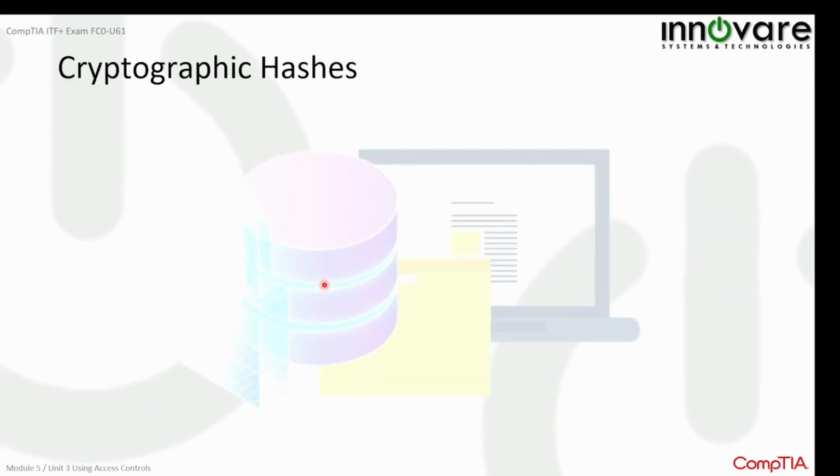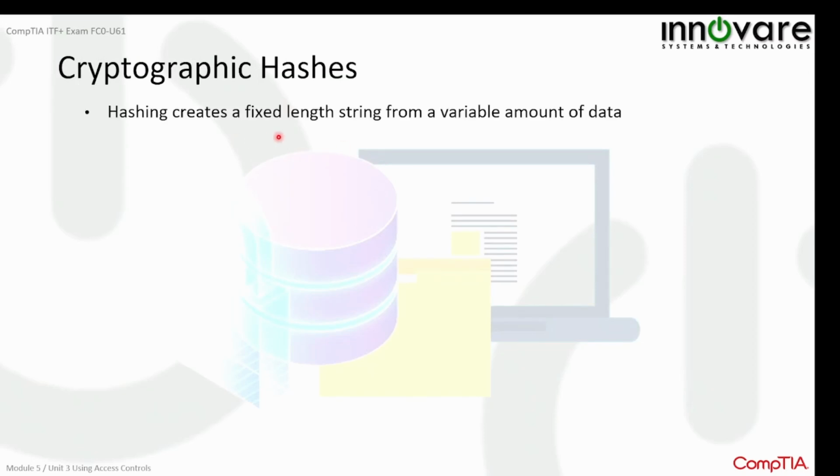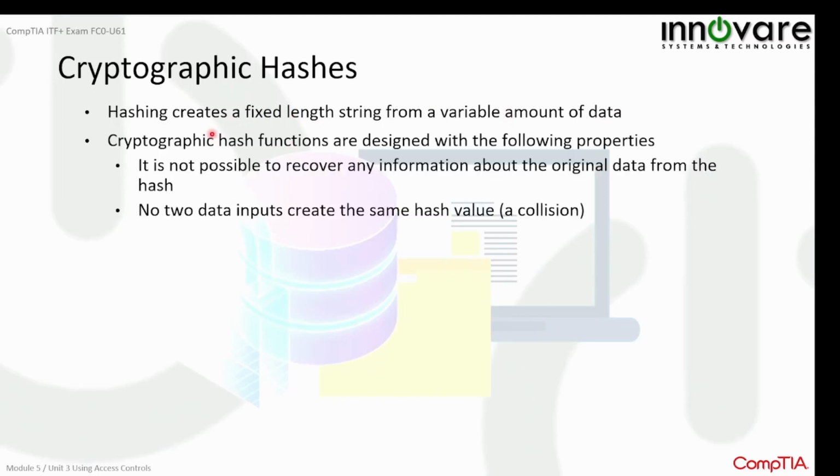Now, when we say cryptographic hashes naman, as I've explained earlier, ito yung tinatransform yung data into another. So, technically, it creates a fixed length of string from a variable amount of data. So, that's another way to say it na kino-convert mo yung message into another. It is represented by another character.